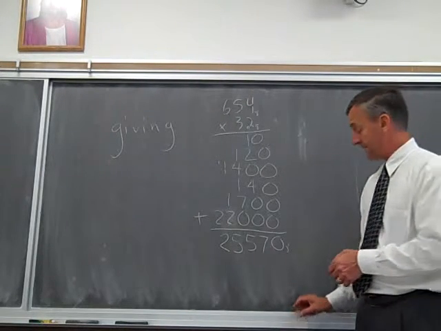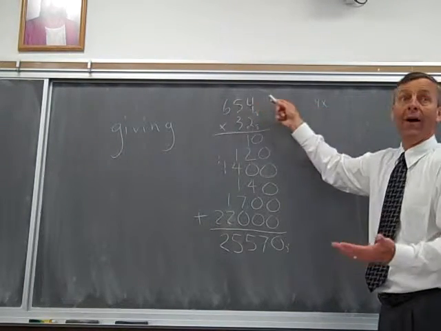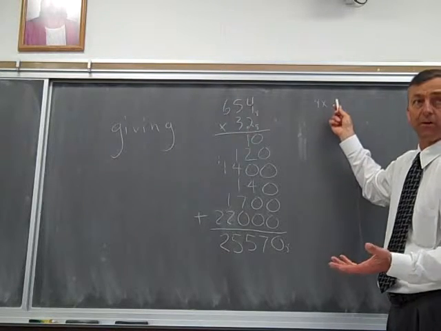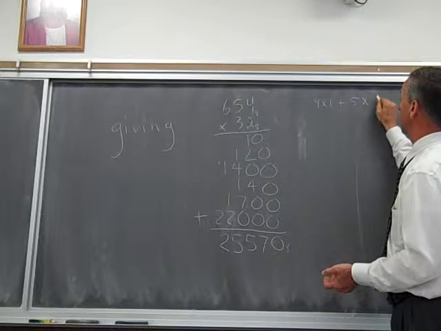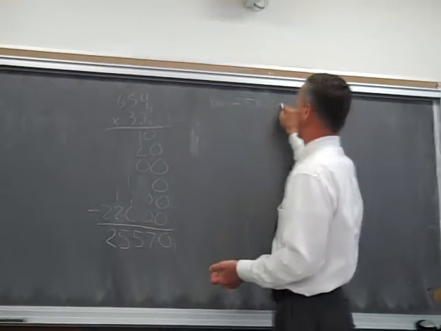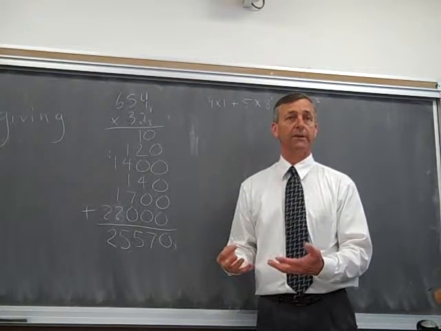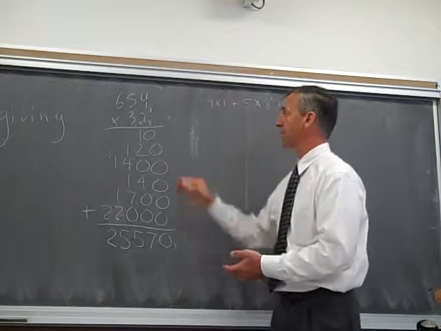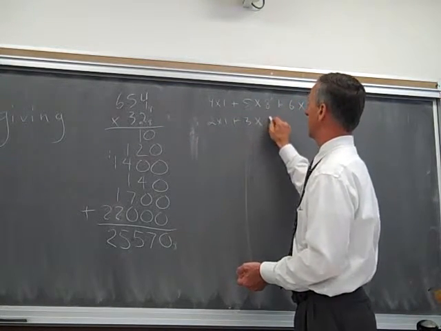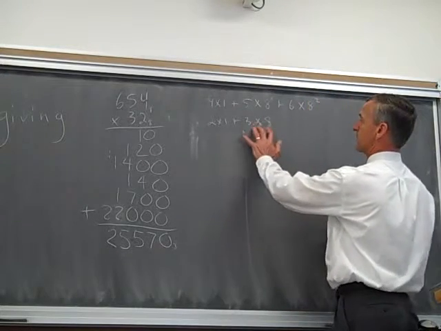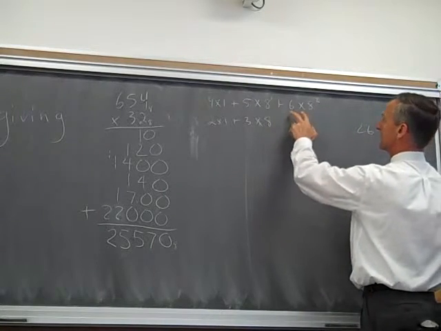In my calculator, I would type 4 times 8 to the 0, plus 5 times 8 to the first, plus 6 times 8 to the second. That's what I would type to get the base 10 equivalent. This one will be 2 times 1 plus 3 times 8. So that's 24, 26.